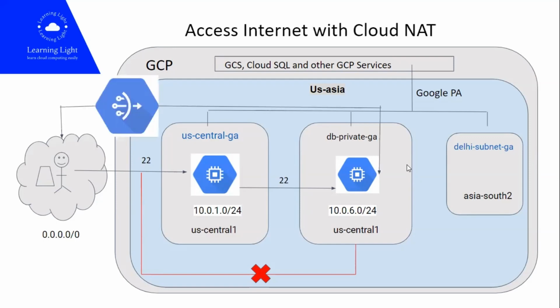In that case, we have a NAT gateway in between this network and the internet, and this particular secure gateway will allow this VM inside the private network to access the internet. So let's jump to the GCP web console and we will see how we can use this NAT gateway to access the internet from this secure private network.